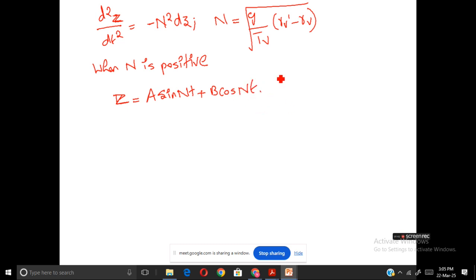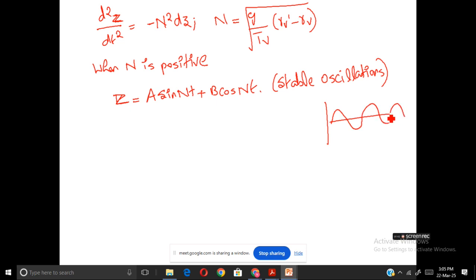This basically represents the parcel as having stable oscillations. So z is having a motion like a sinusoidal wave, which just means the parcel is oscillating with respect to its mean position, so the parcel is basically stable.